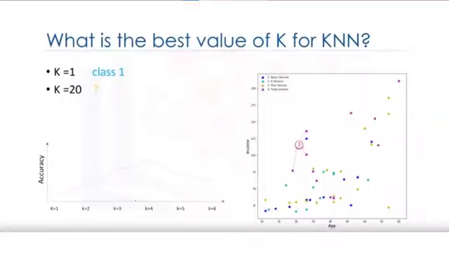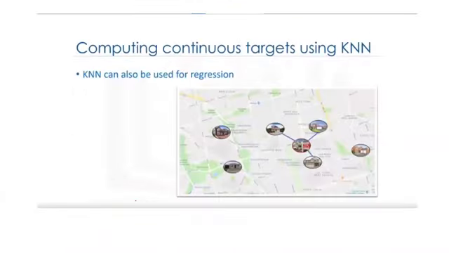So even the lower value may give you better accuracy. But if you are working on a very complex data set where certain categories are even overlapping, or very close to each other, in that case taking a higher k value would be better. Hope you guys are following, right?